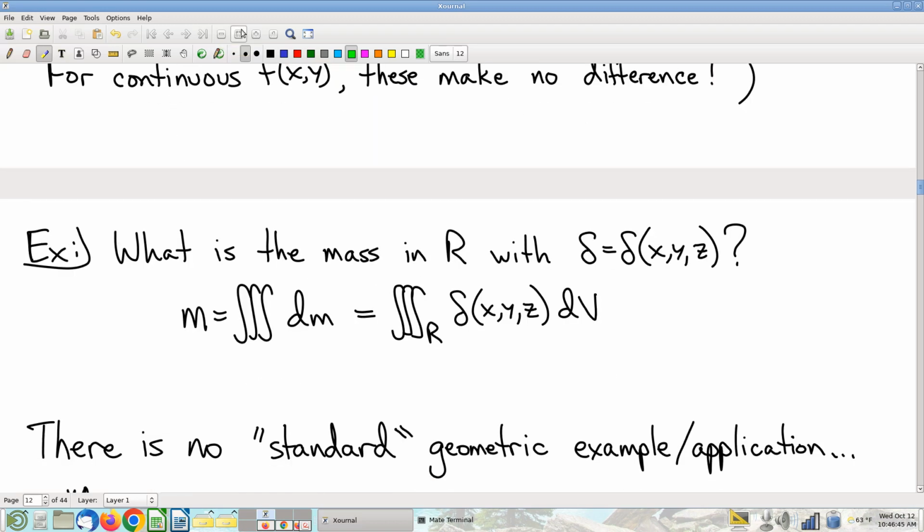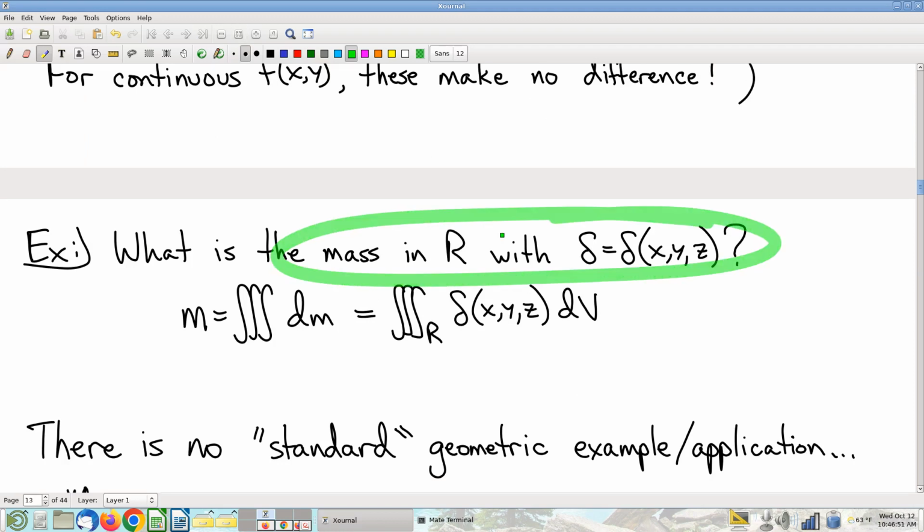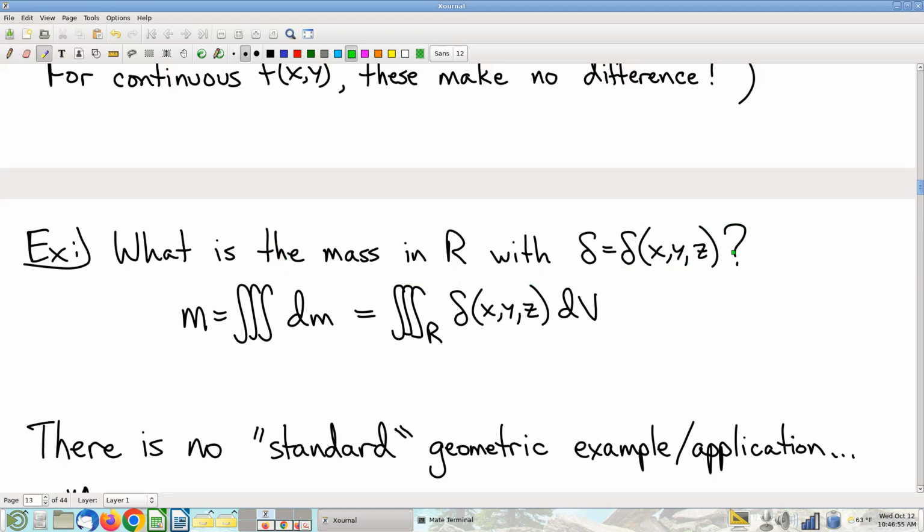We've already kind of done it, but let me again show you how to write this down. Suppose then that I want to compute the mass in a rectangular box with a given density formula. Well, chop it up, add it up. Total mass is the sum of a bunch of little pieces of mass. I recognize that I'm breaking it up into pieces in three directions, what you might call three-dimensionally small pieces, by the triple integral symbol.